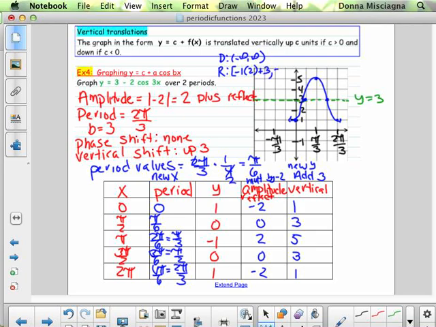And then +1 times 2 plus 3 would be the high value. So -2 plus 3 is 1, and 2 plus 3 is 5. So there is the range. All right, so the graph is oscillating between 1 and 5.